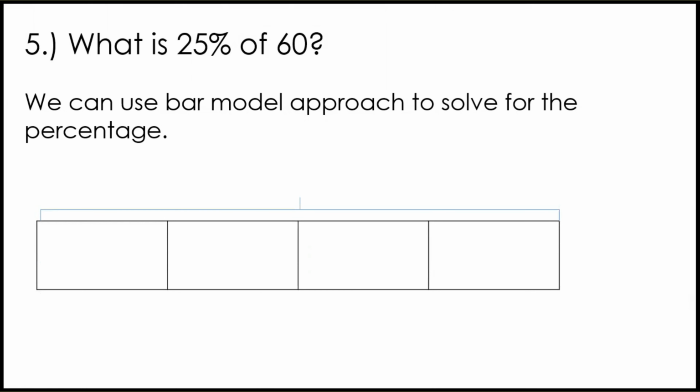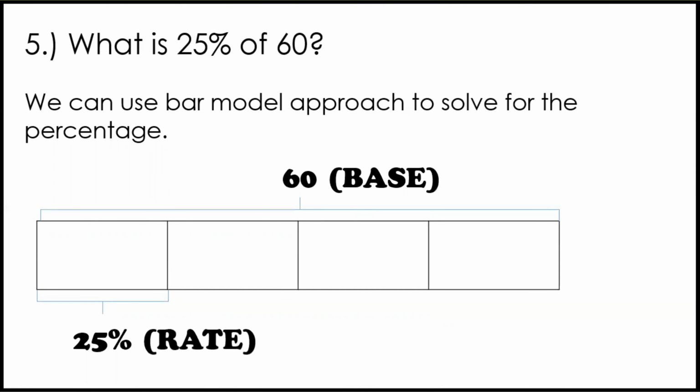Ayan. When we use bar model approach class to solve for the percentage, ganito po ang gawin natin. 60 yung kabuuan, no? Hahatiin natin sa 4. So, yun po yung base natin. Then, 25% daw po eh. What is 25% of 60?